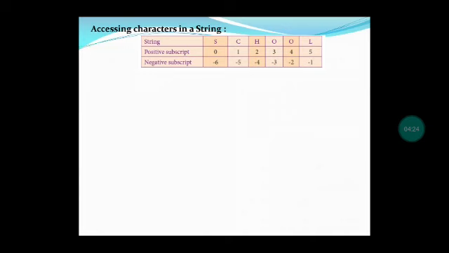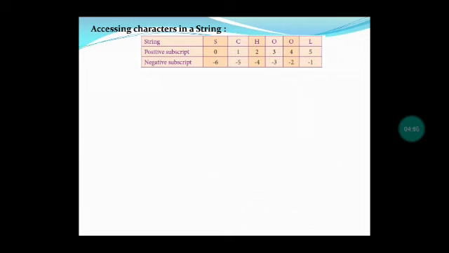Five characters means 0, 1, 2, 3, 4. Up to 4 it stops because we are starting from 0. If you start from 1, it would be 1, 2, 3, 4, 5. But we are starting from 0, so it ends at 4 itself. So subscript always commences from 0.